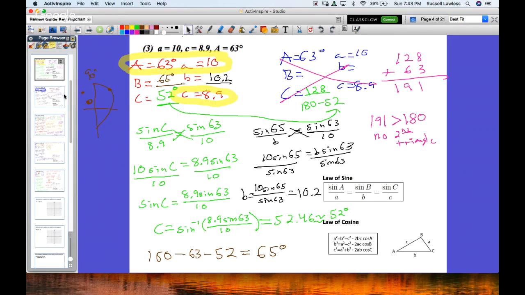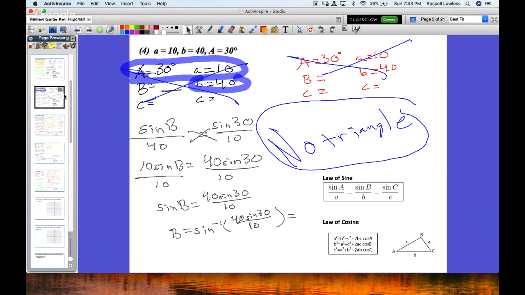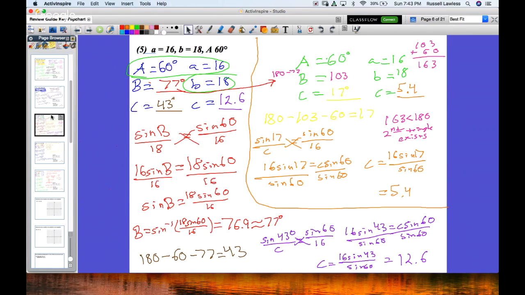For the second one here, we got no triangle. For the no triangle, we got that because we had a domain error, and a domain error just means no triangle. And since there's no triangle for the first one, there can't be a second. And then the last one here, we were given the angles and sides in blue.